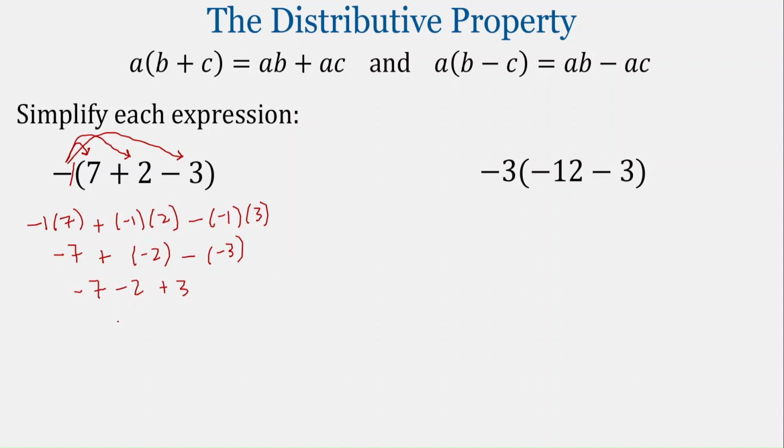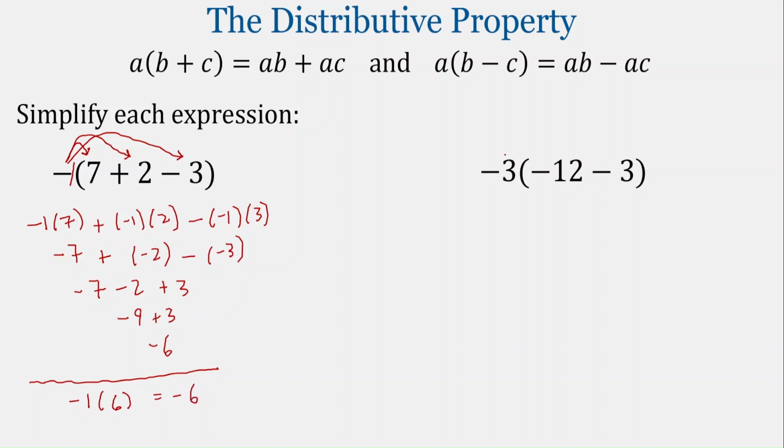Negative 7 minus 2 is negative 9 plus 3, and that's negative 6. And then using PEMDAS, we have negative 1 times, well, 7 plus 2 is 9 minus 3, that's 6, and that simplifies to negative 6.